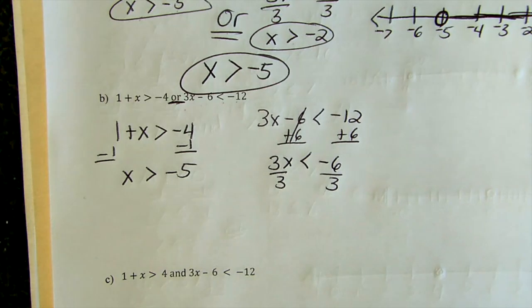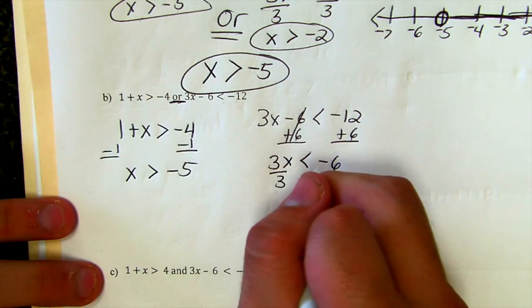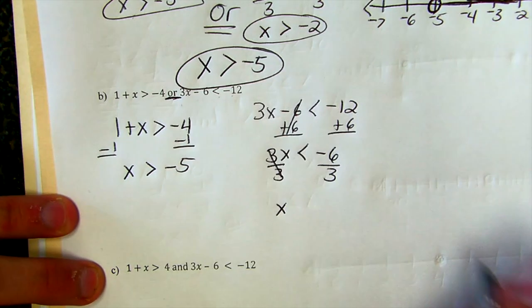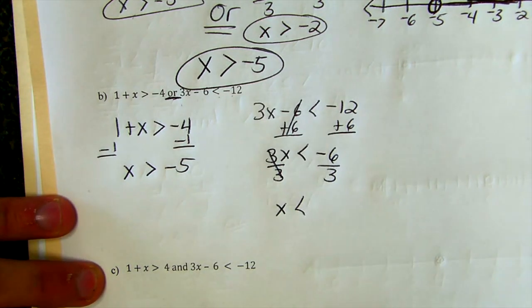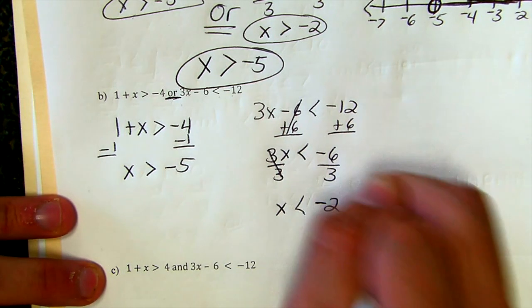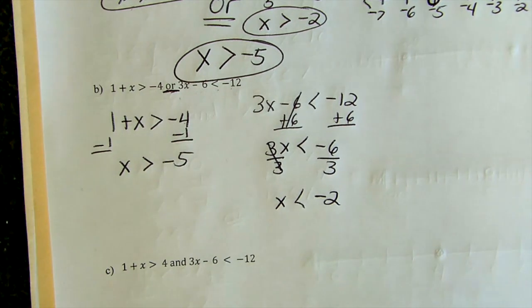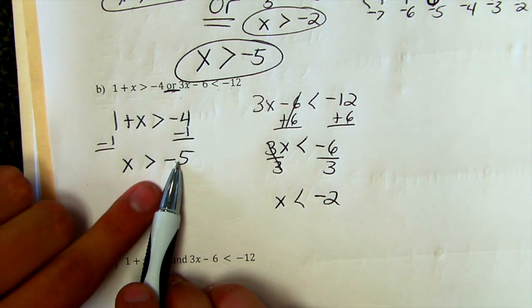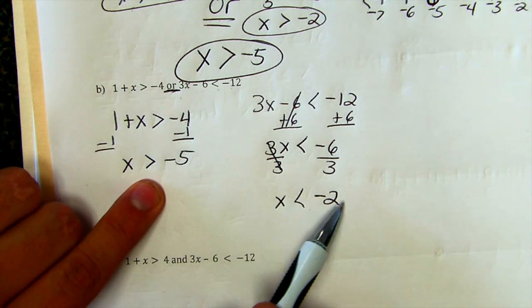And then on both sides, we're going to divide by 3. And now we have what x is. So now x is going to be less than negative 6 divided by 3, which is negative 2. So now we have our answer.